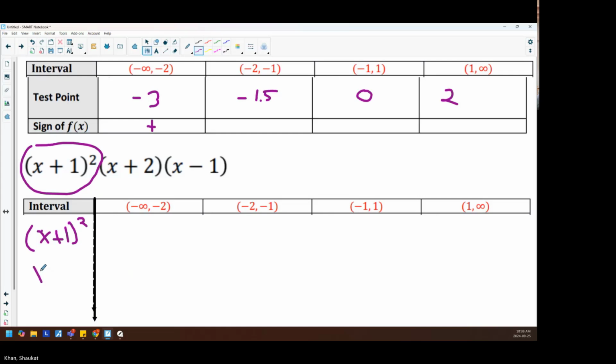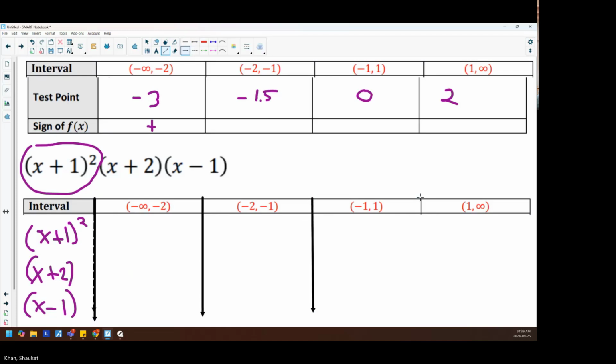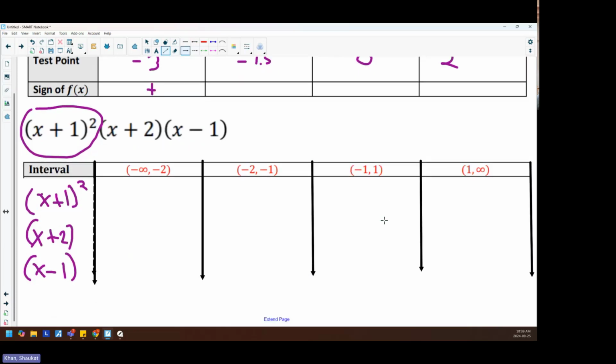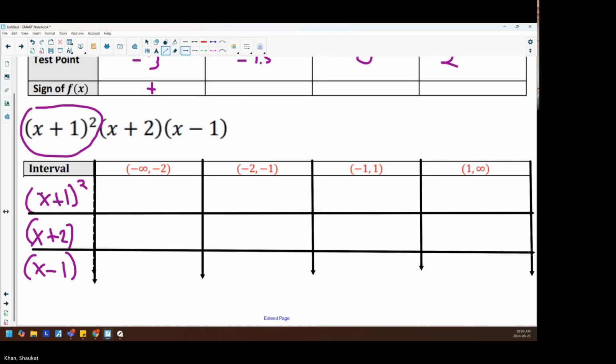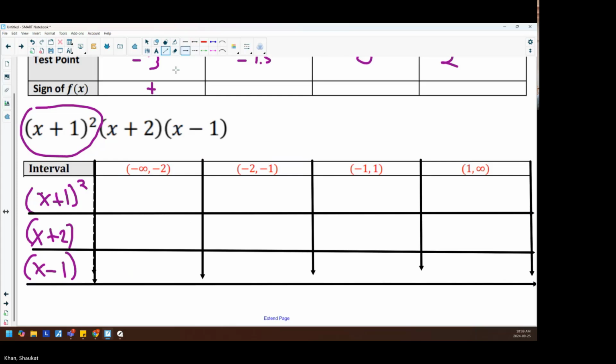It doesn't really matter. x plus 2 is kind of our second bracket, and x minus 1 is our third bracket. Okay. And then we make our table like this, and then we have our sum, total, or function.